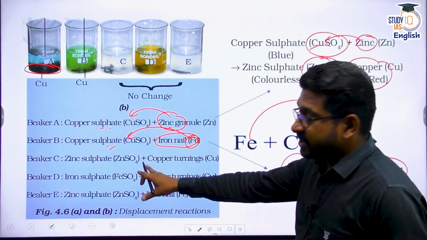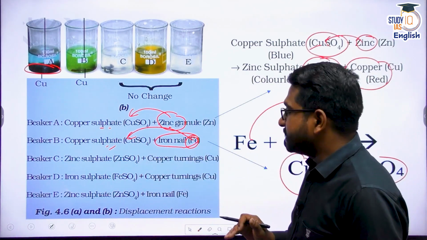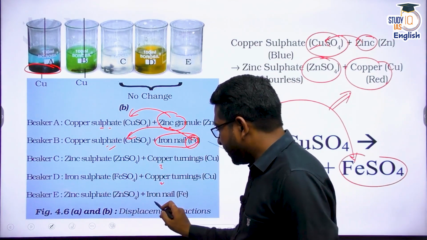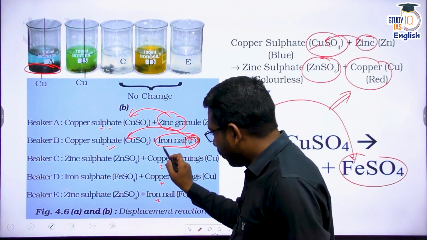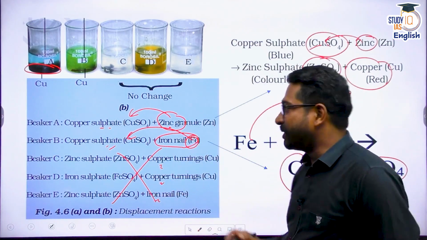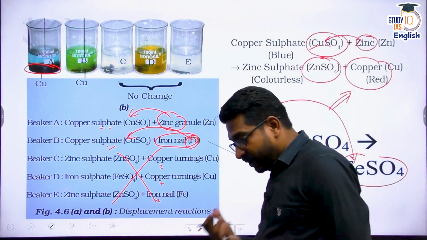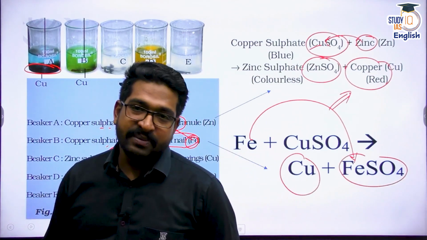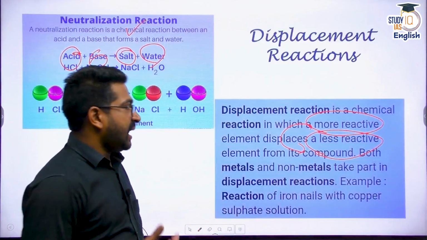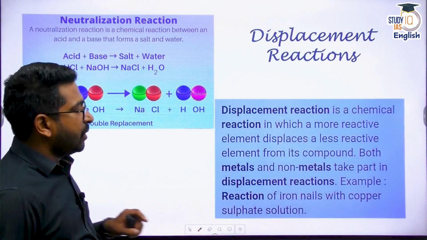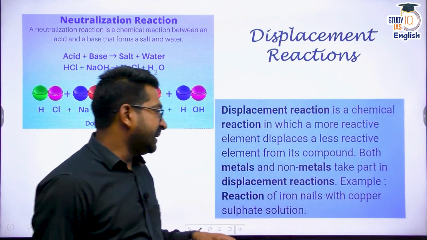Now, same thing when we add, for the other beakers, copper to zinc sulfate, copper to iron sulfate, iron to zinc sulfate. In all the 3 cases, nothing is going to happen. That's why there is no change. Why? Because there is no displacement reaction taking place. So please remember, displacement happens when a more reactive element displaces the less reactive element.